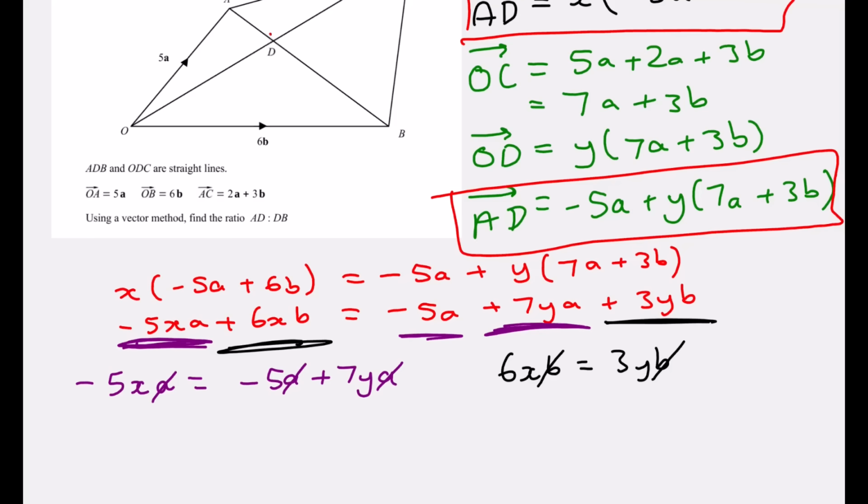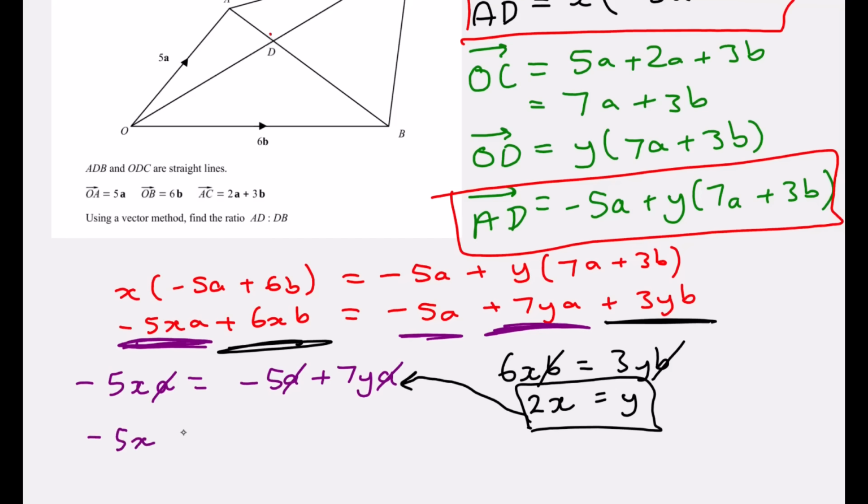So 6x is equal to 3y. If we divide both sides by 3, we get y is equal to 2x. And y equals 2x, we can substitute into our other equation to get rid of the y. We didn't want to work out the y, we were only interested in the x.